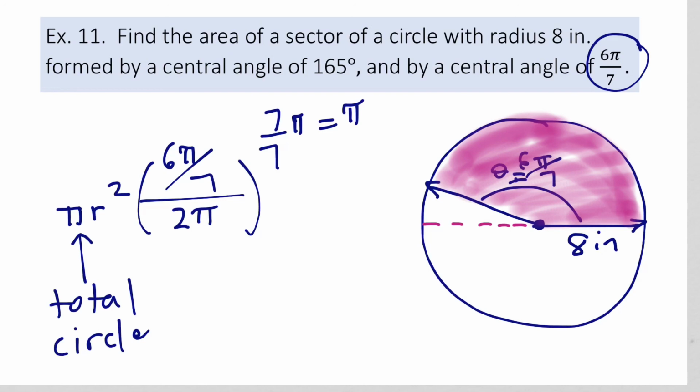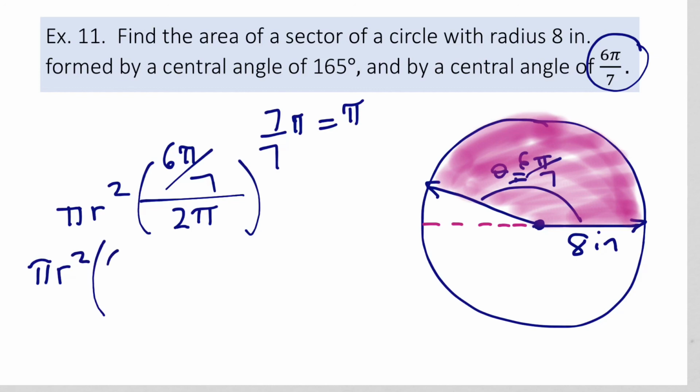So let's write that a little better. There's multiple ways we could write this. Let's do this. We've got pi r squared times 6 pi over 7, and then we're divided by 2 pi, so we can write it like this. That's one way to do it.